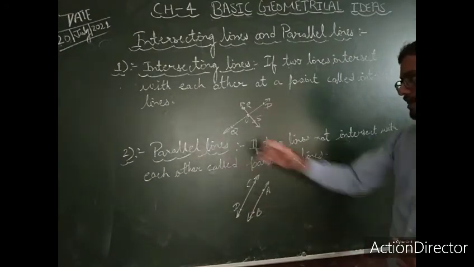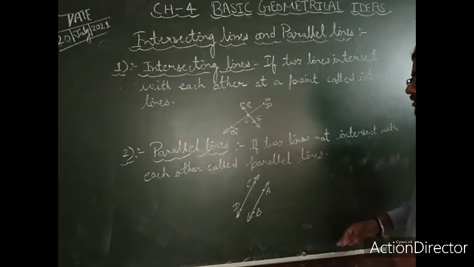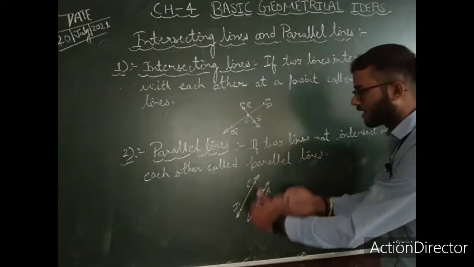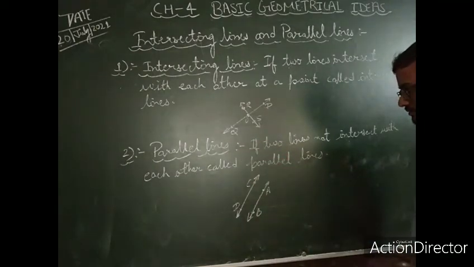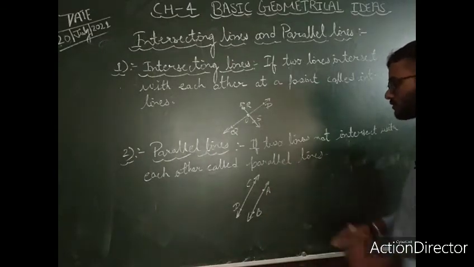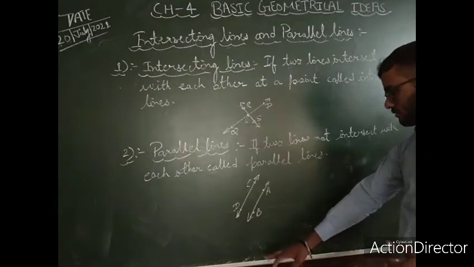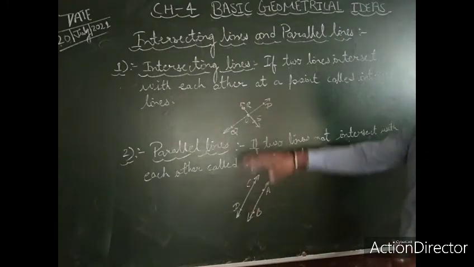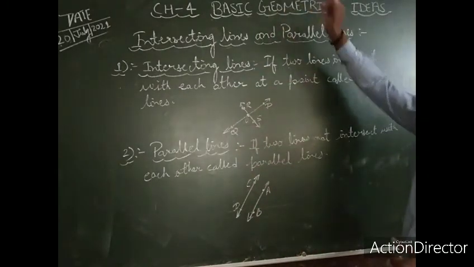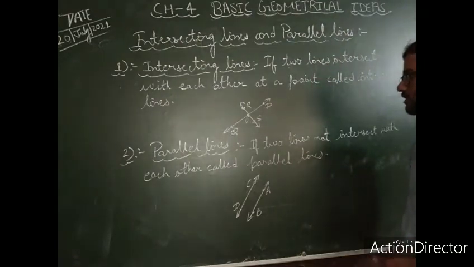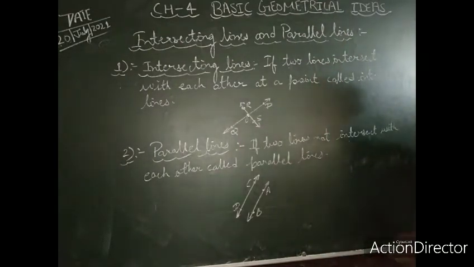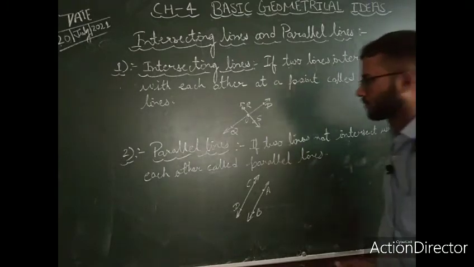Now examples of parallel lines: railway tracks are also an example of parallel lines, and the edges of two roads. One more example is the board here. The lower edge is parallel to the upper edge. So there are lots of examples related to intersecting lines and parallel lines.